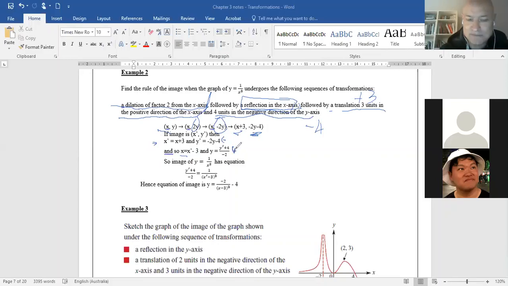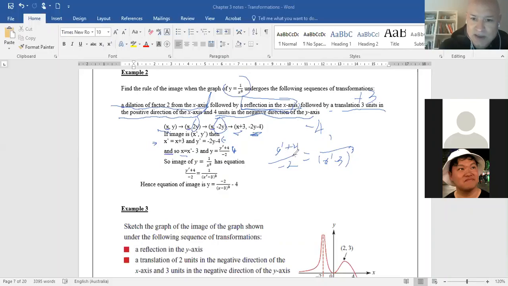Is everyone happy with that? Substituting into the equation, y and then x, I get y dash plus 4 all over negative 2 equals 1 divided by x dash minus 3, and that's all cubed.